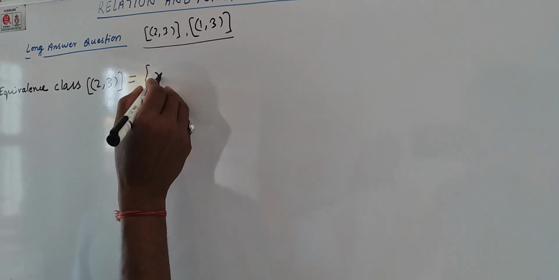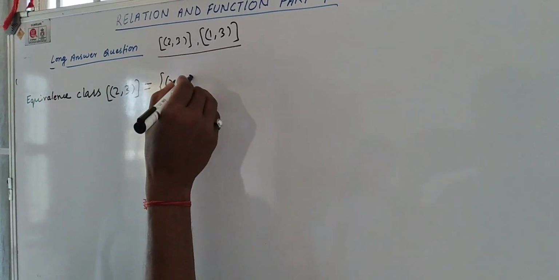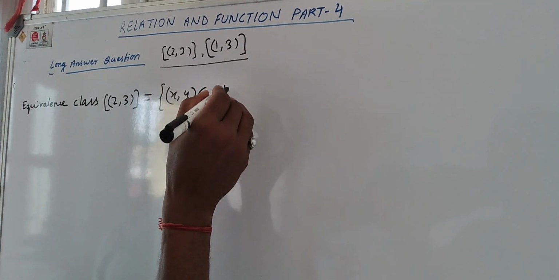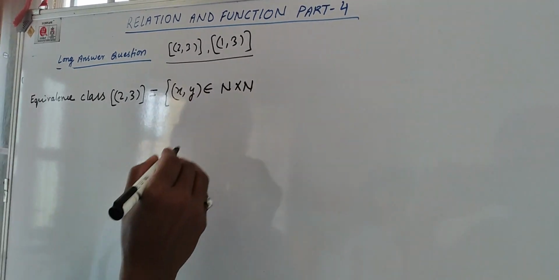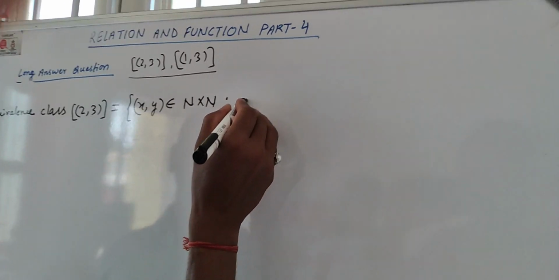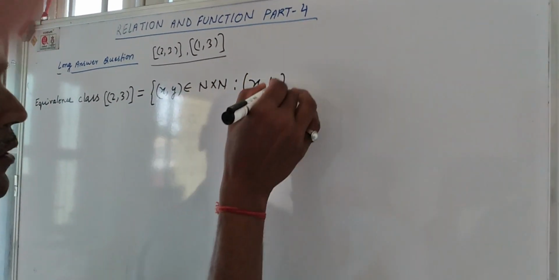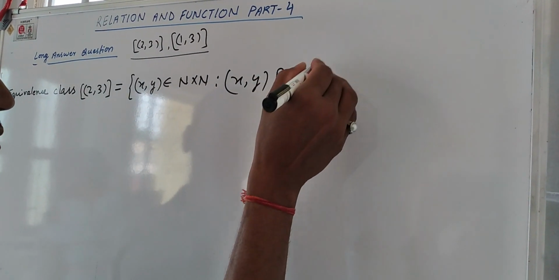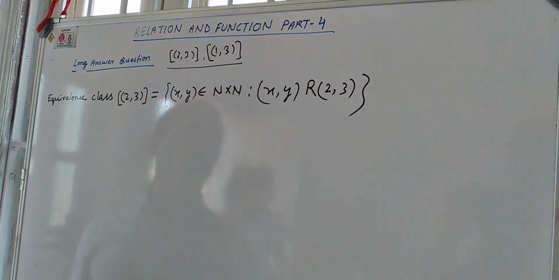So let (x, y) be any element belonging to N cross N such that (x, y) is related to (2, 3). Now we have to find x and y.